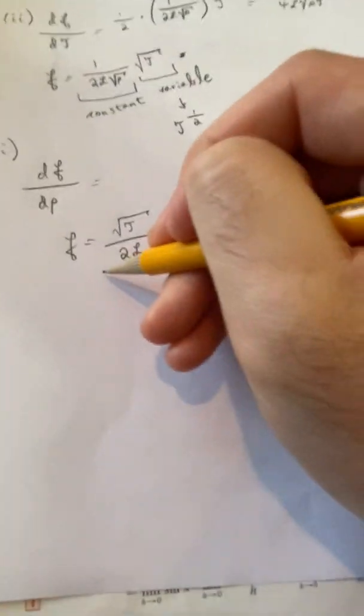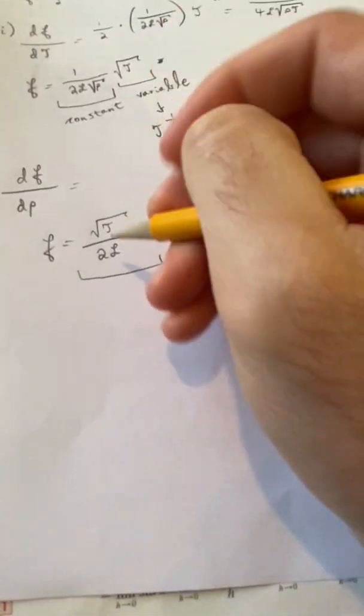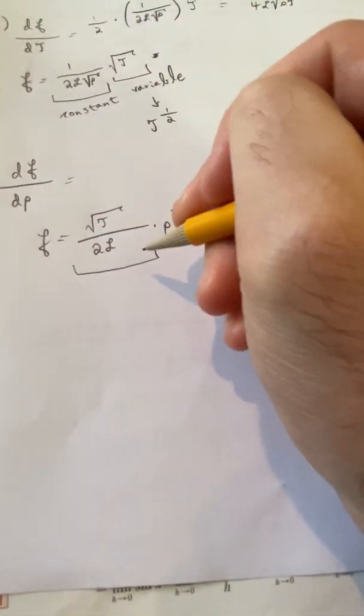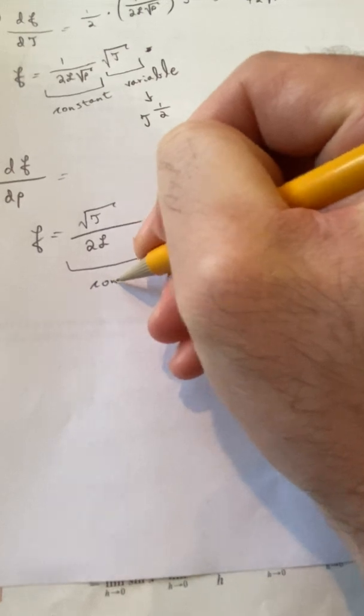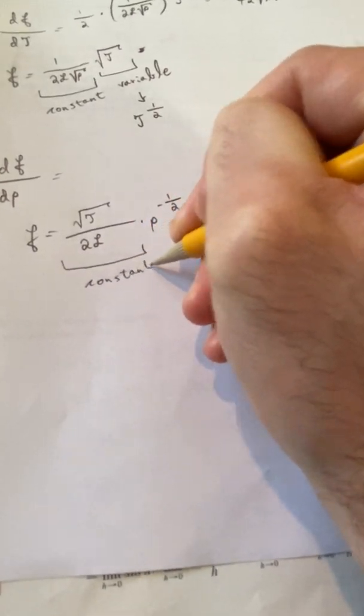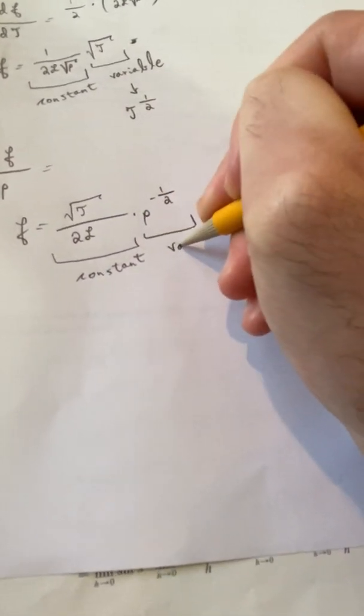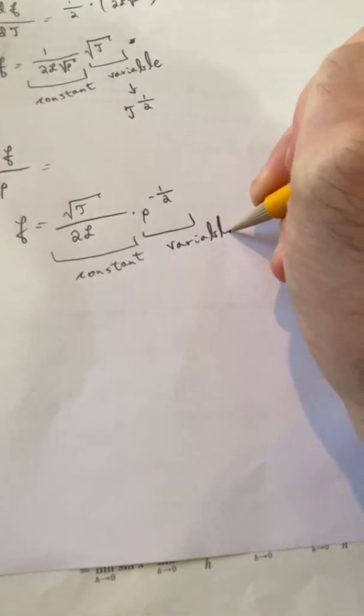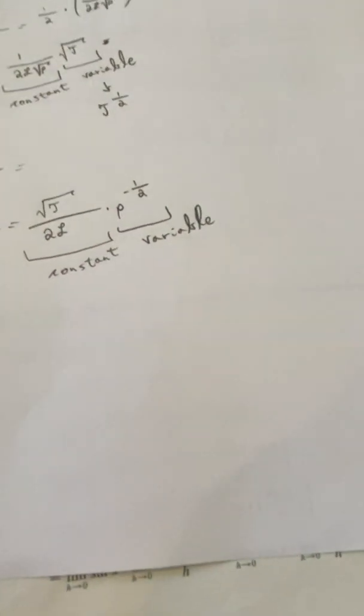Okay, so again, what we've done here is we've grouped it by, here's our constants, and here's our variable. So again, it becomes a matter of just applying the power rule.